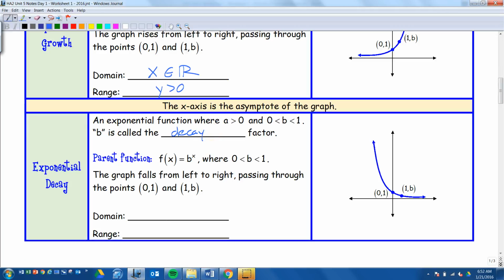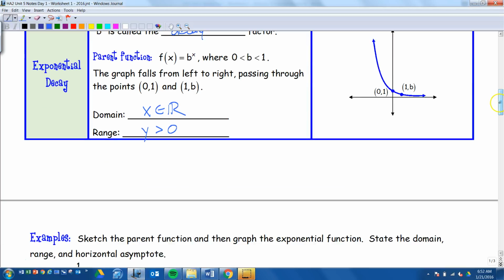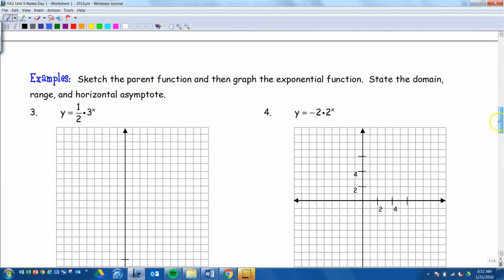That happens when b is a fraction less than 1 but greater than 0. The domain for these is still all real numbers, but the range is also still greater than 0. The difference is it goes down instead of up, but it still will not cross the 0. So all the values will be above the y equals 0 line.